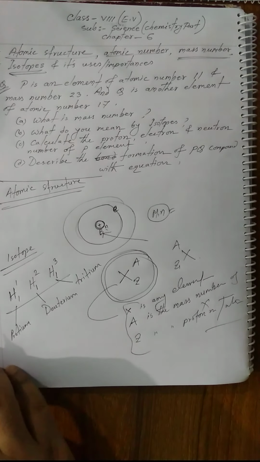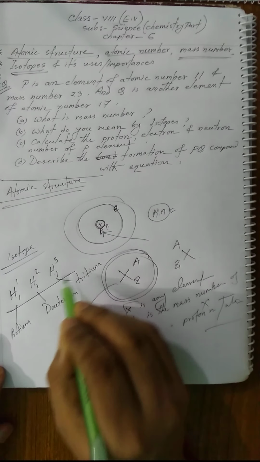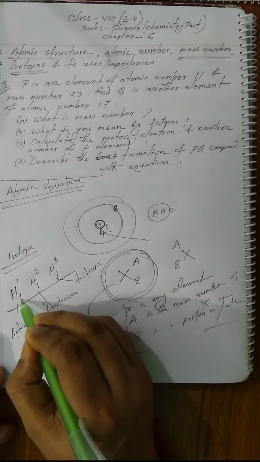In this case, for protium the atomic number or proton number is 1, for deuterium the atomic number is also 1, and for tritium the atomic number is also 1, but the mass number for protium is 1, deuterium is 2, and tritium is 3.